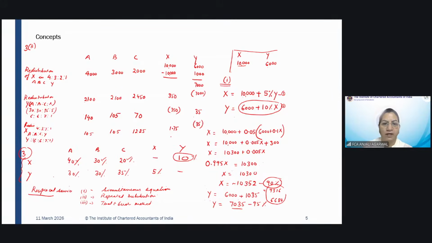So now again distribute 1.75 of X amongst A, B, C, and Y in the ratio of 4:3:2:1. So now this will come out to be 0.175.